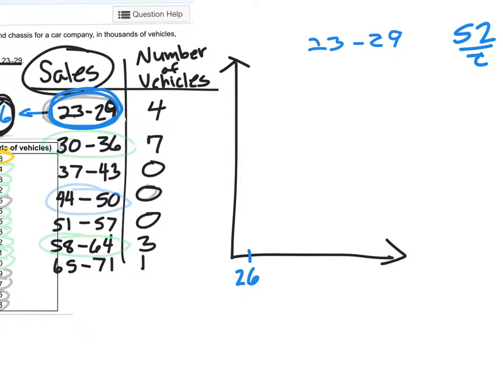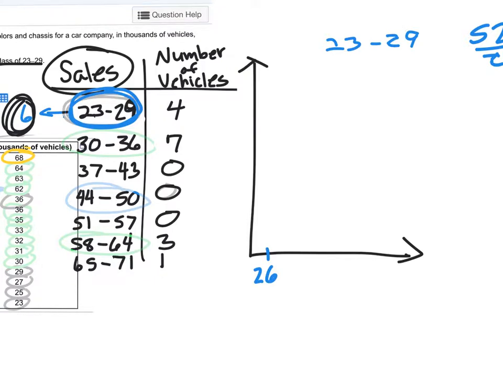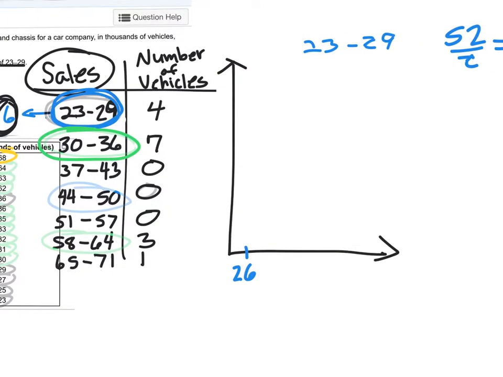I'm going to find the other midpoints exactly the same way. So my midpoint between 30 and 36. Again, I lean towards using the mean, but you certainly don't have to do it that way. 30 plus 36, of course, is 66.